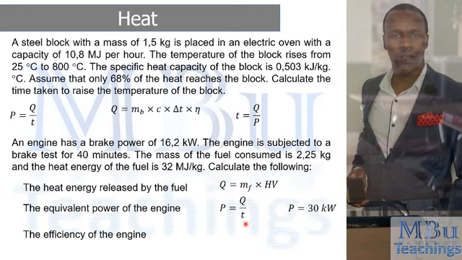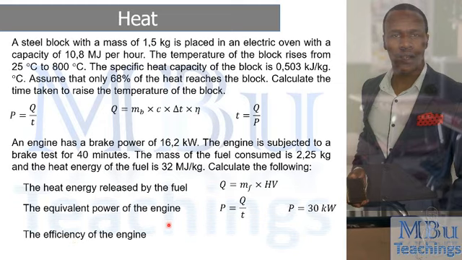Then that will be our answer for power. Then we can move to the last question. Obviously this is bigger than that. Since it's bigger, that means this is the power in and that is the power out, because now we are going to calculate the efficiency.